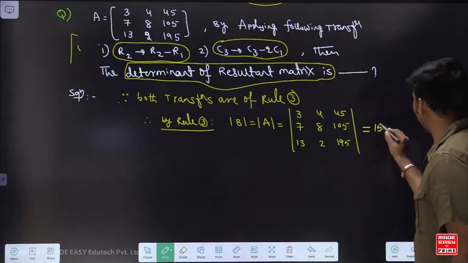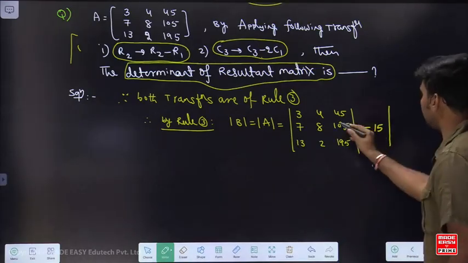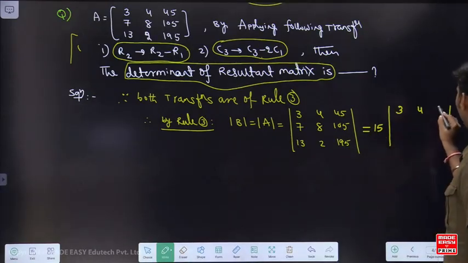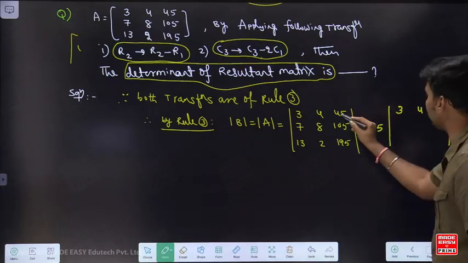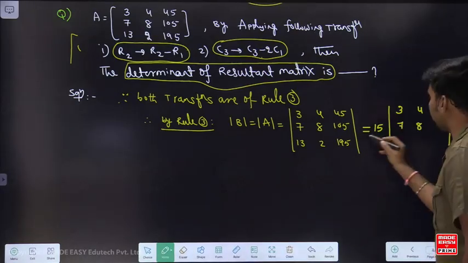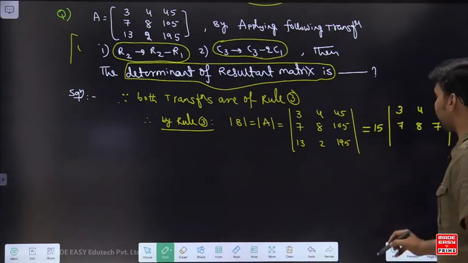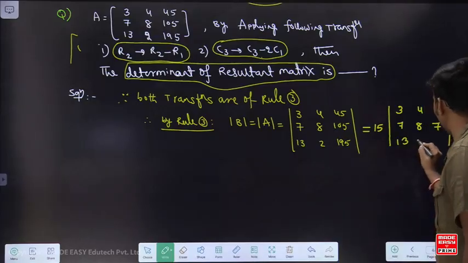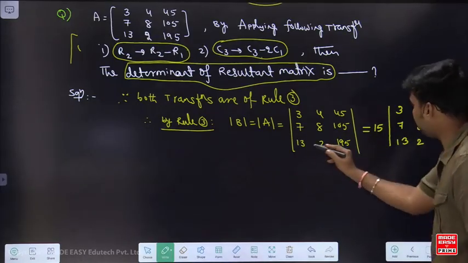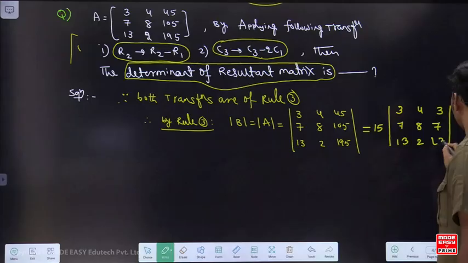So 15 is taken common from the last column, so that you get 3, 4, 3, 14, 15 3s are 45, 7, 8, 15 7s are 105, and 13, 2, and 15 13s are 195 here. So we are getting 13 here.